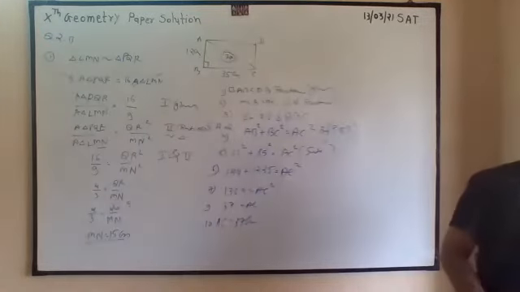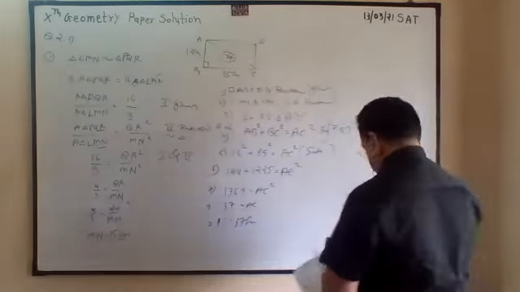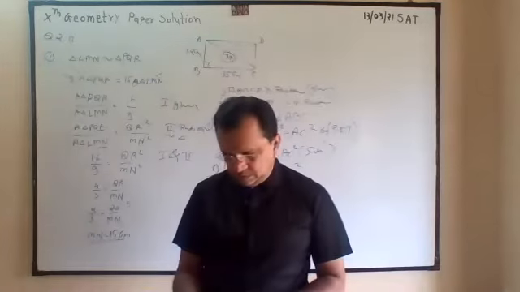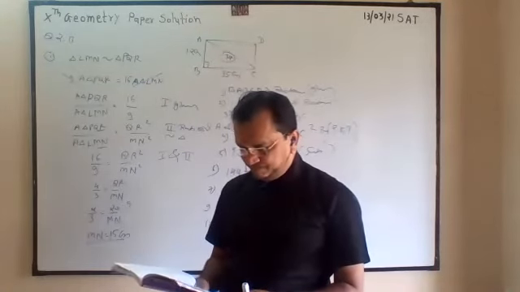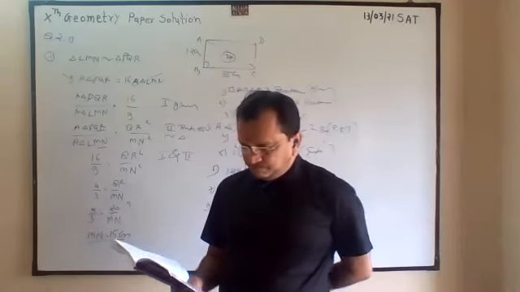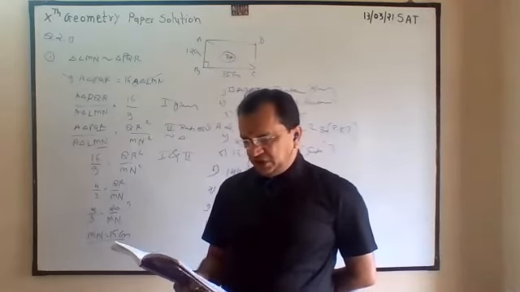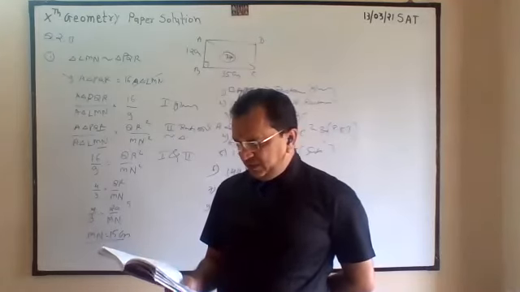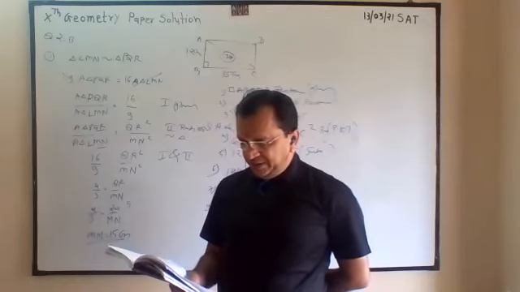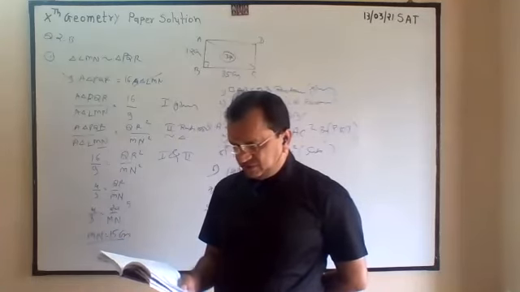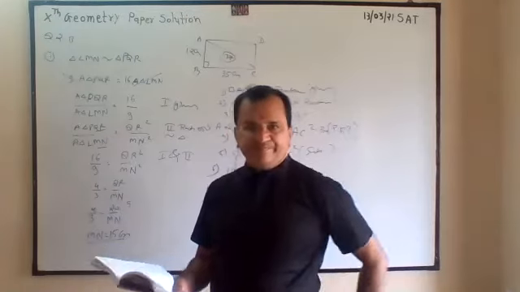Next question. Draw a circle with center and radius 3.1 centimeter. Take a point on the circle and draw a tangent to the circle passing through the point using the center.